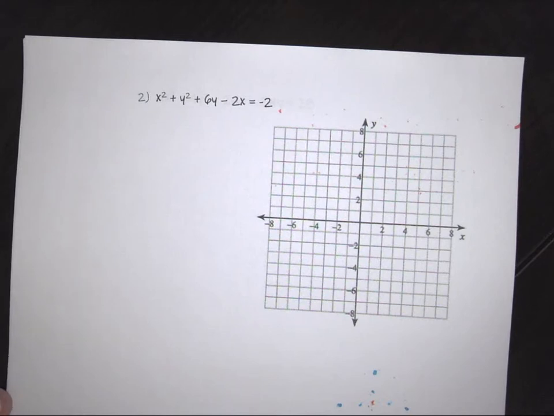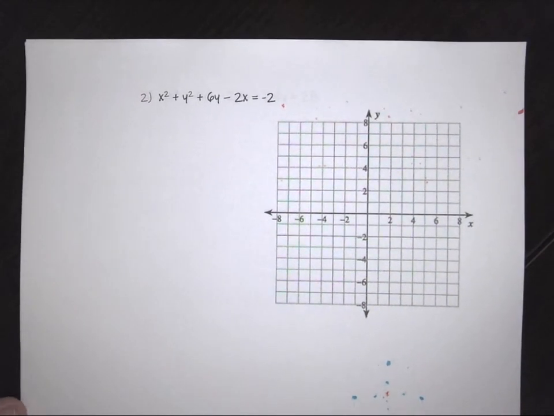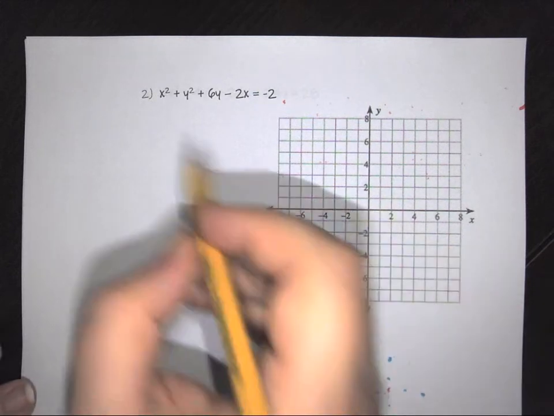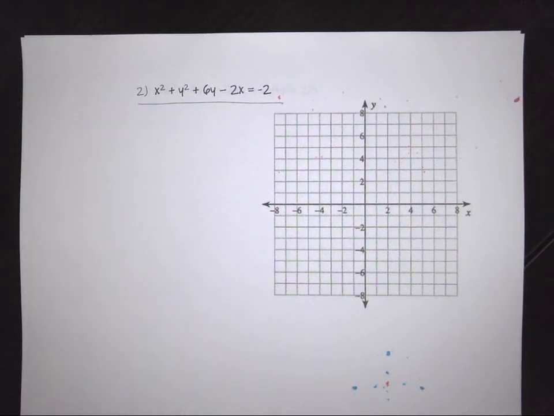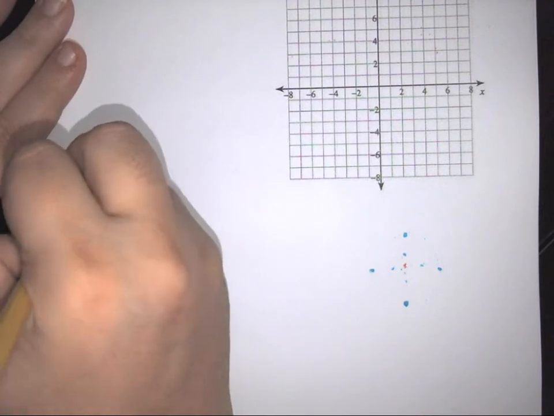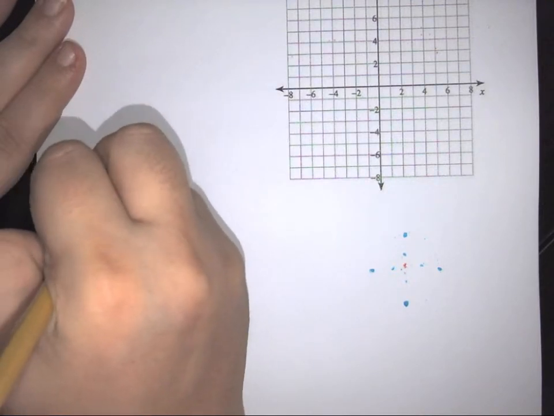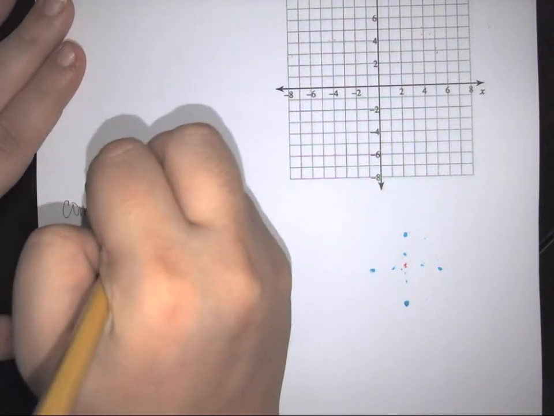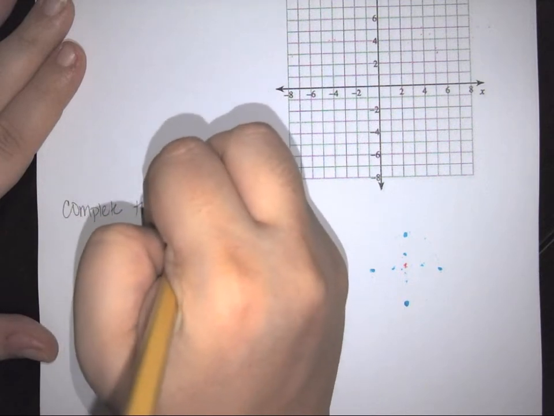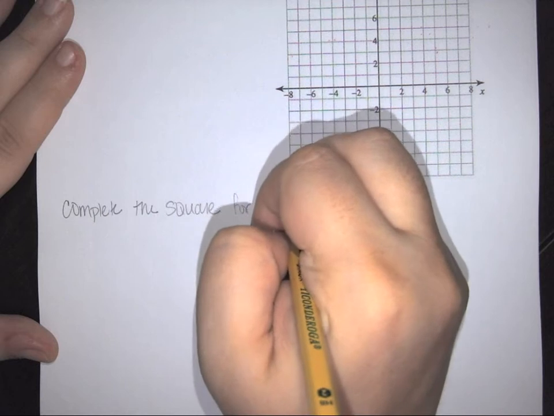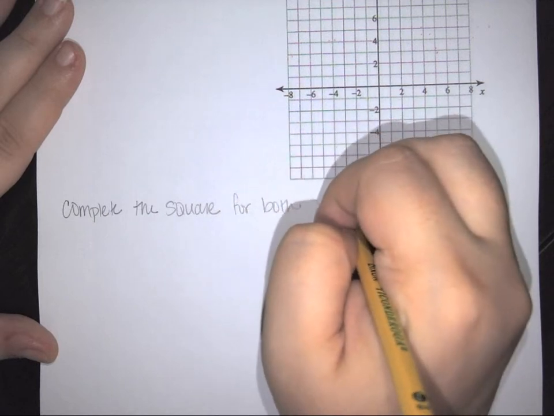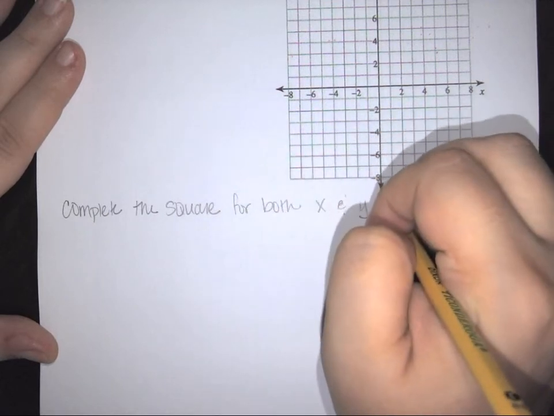Now, if you look at the second example, one of the things that you should notice is that this does not resemble standard form. So instead, what you have to do is complete the square for both x and y terms.